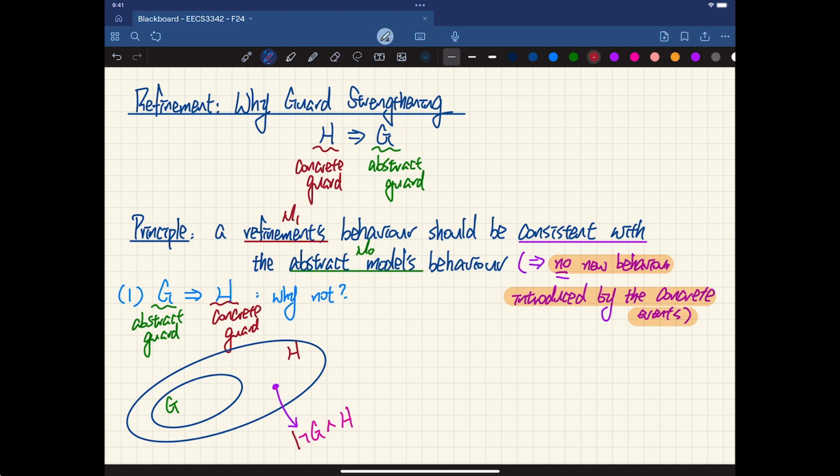Not G means the abstract version of the events, because it's a negation here, is disabled.